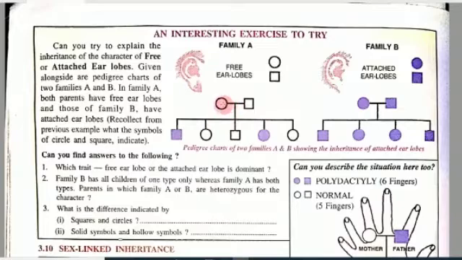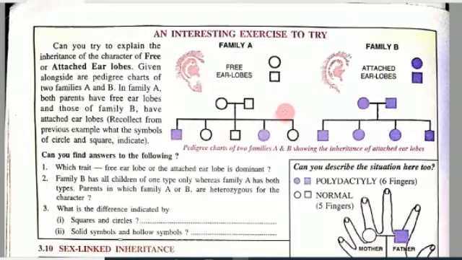See the inheritance: the mother and father's children will usually come as attached form and free form. One son and one daughter will be attached form, and the other three will be free form. So the earlobe is free.